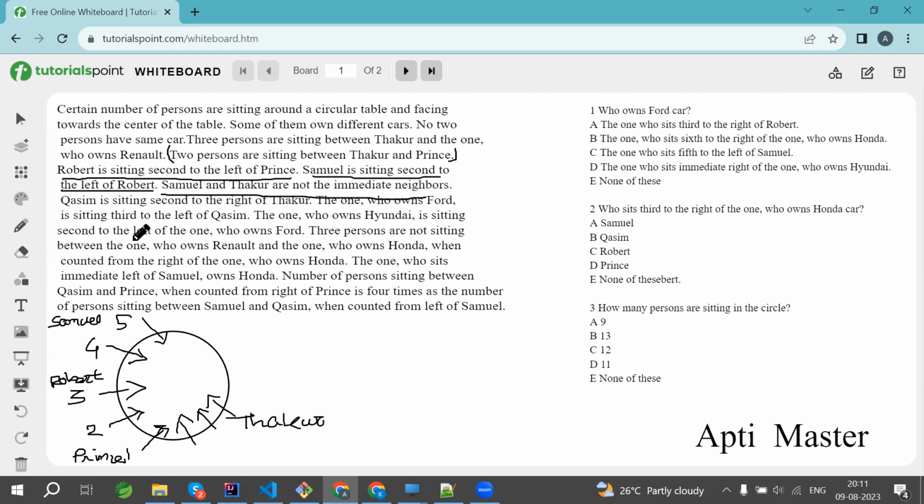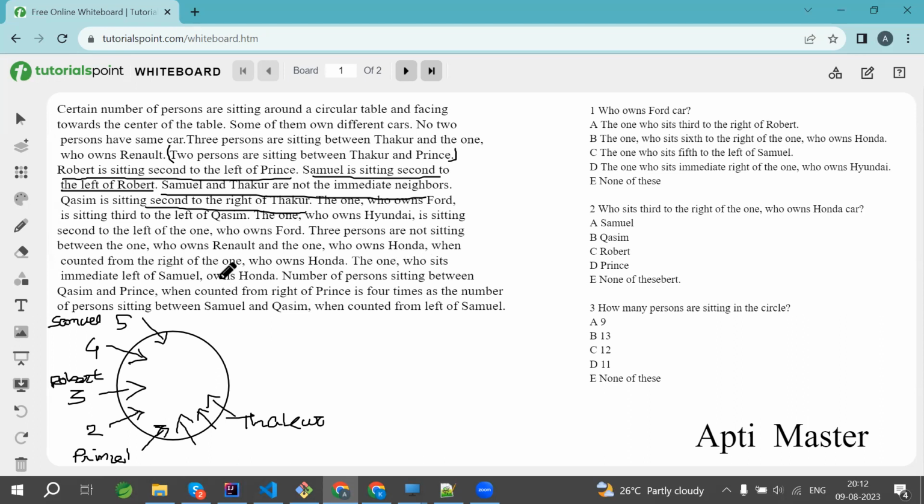Now we will read again. Qasim is sitting second to the right of Thakur. The one who owns Ford is sitting third to the left of Qasim, the one who owns Hyundai is sitting second to the left of the one who owns Ford, and three persons are sitting between the one who owns Renault and the one who owns Honda.